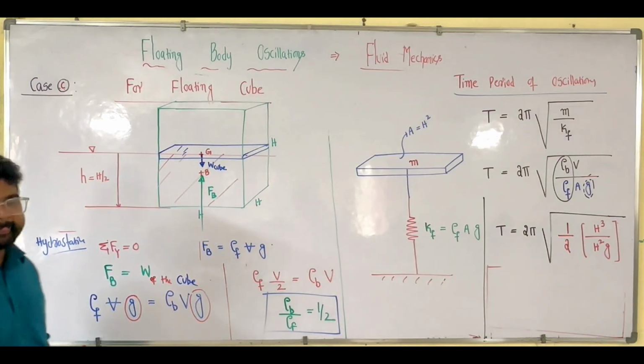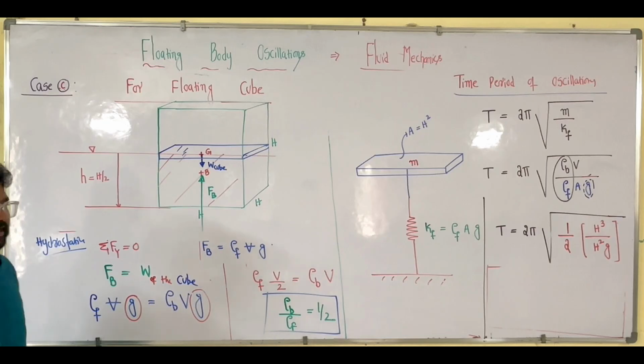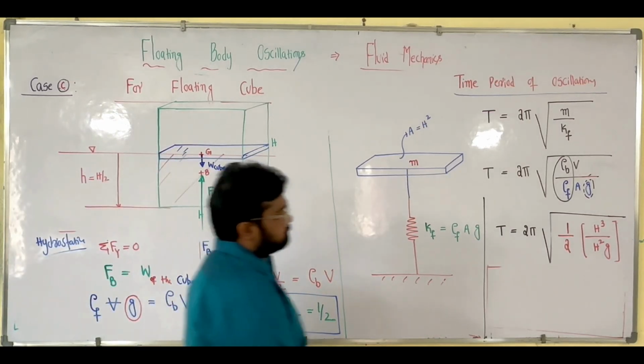Are you following? Understood or not? T equals 2 pi square root of 1 by 2 H cube by H square into g. Clear? Now tell me how much is obtained.